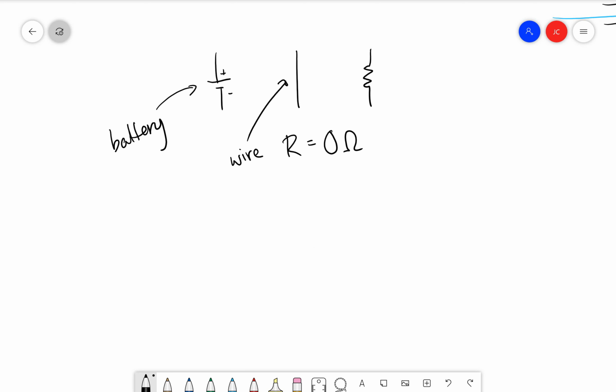Finally, we have resistors. And this resistor, which we might also call a load, which is a more general term for just a thing that has resistance, is really a stand-in for all sorts of things. It could stand in for lamps or motors or LEDs. Doesn't really matter. For our intents and purposes, we just deal with these loads that have fixed resistances.